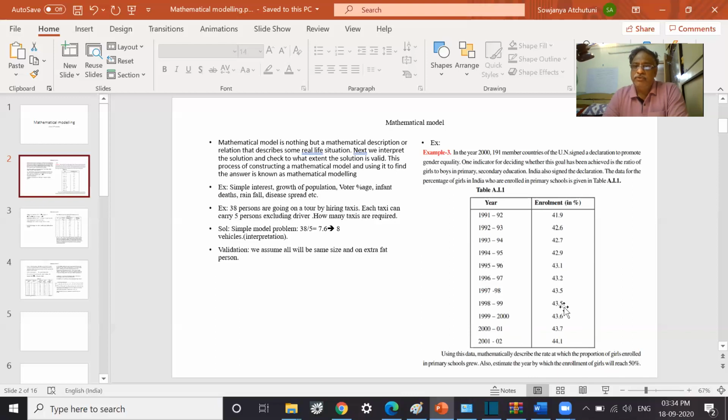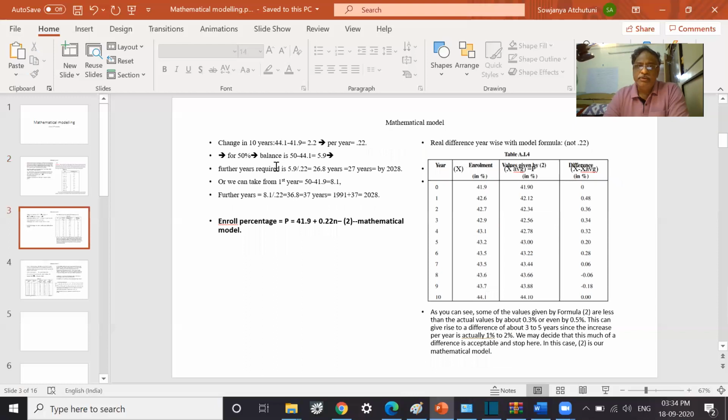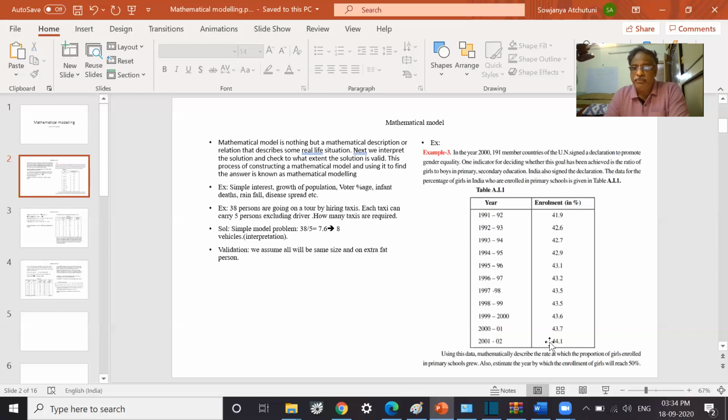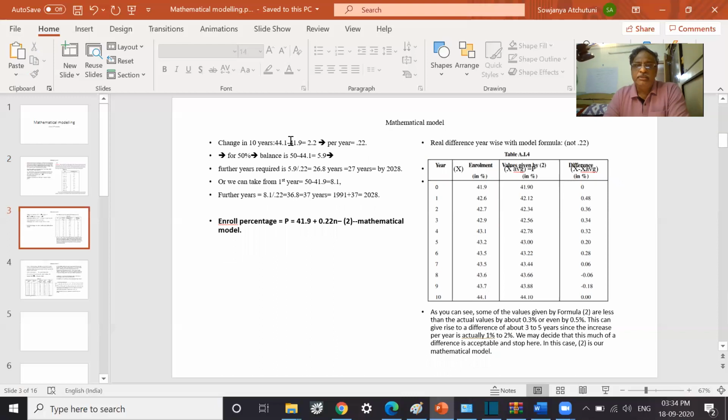One way of doing this is to find the average. Go to the next page. The change in 10 years is 44.1 minus 41.9, and I am directly subtracting. This is 2.2. So in 10 years, it has risen 2.2. That means per year it is rising 0.22%. For 50%, I want how much? 50 minus 44.1 is around 5.9.